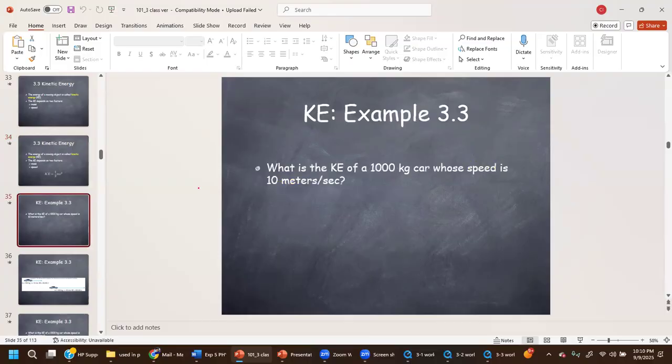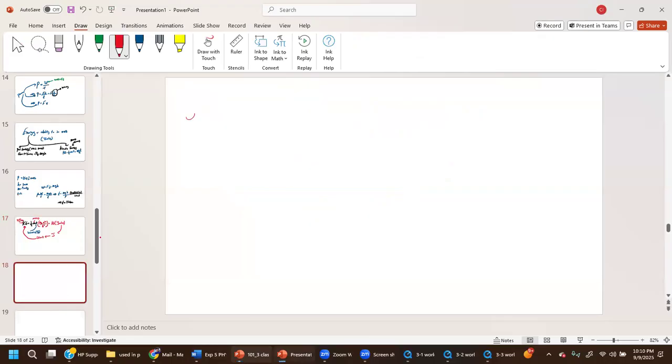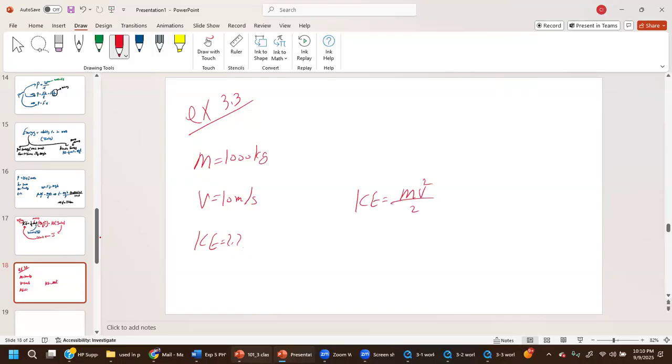Let's do an example. What is the kinetic energy of a 1,000 kilogram car whose speed is 10 meters per second? So this is going to be example 3.3. So your mass is 1,000 kilograms and your speed is 10 meters per second. And this time you're trying to find your kinetic energy. And again, for your kinetic energy, you write down the equation, which is going to be mv squared over 2.